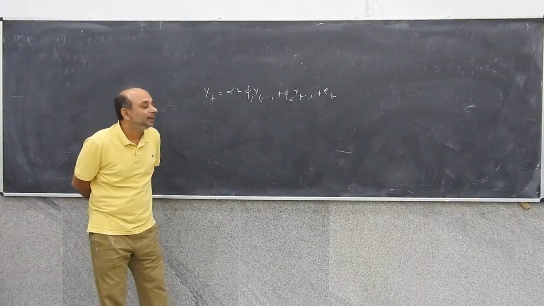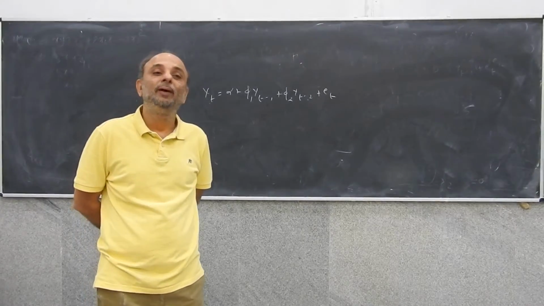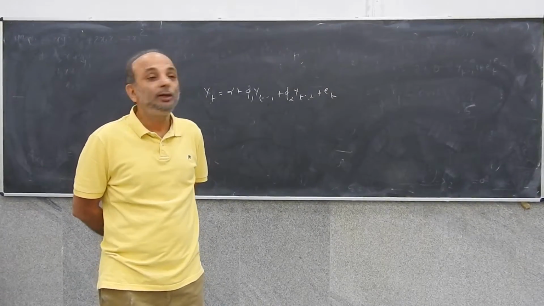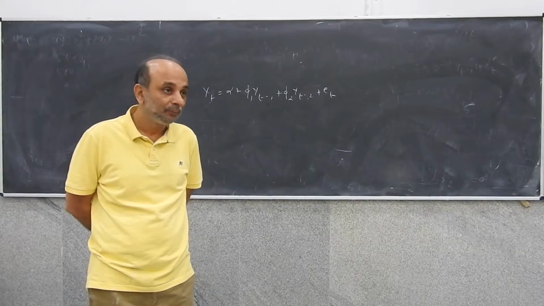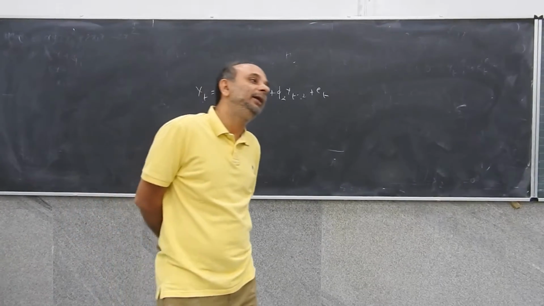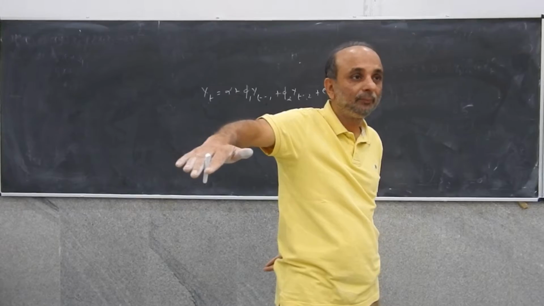It says that there is direct correlation between yt and yt minus 1, and direct correlation between yt and yt minus 2. There is no direct correlation between yt and yt minus 3, yt minus 4, etc. There is an indirect correlation with yt minus 3, yt minus 4, and that indirect correlation keeps on falling off.